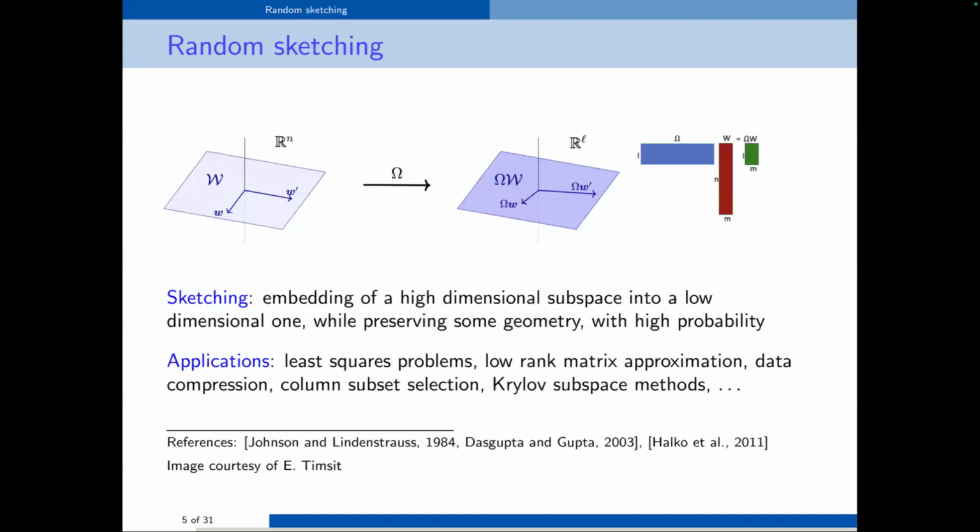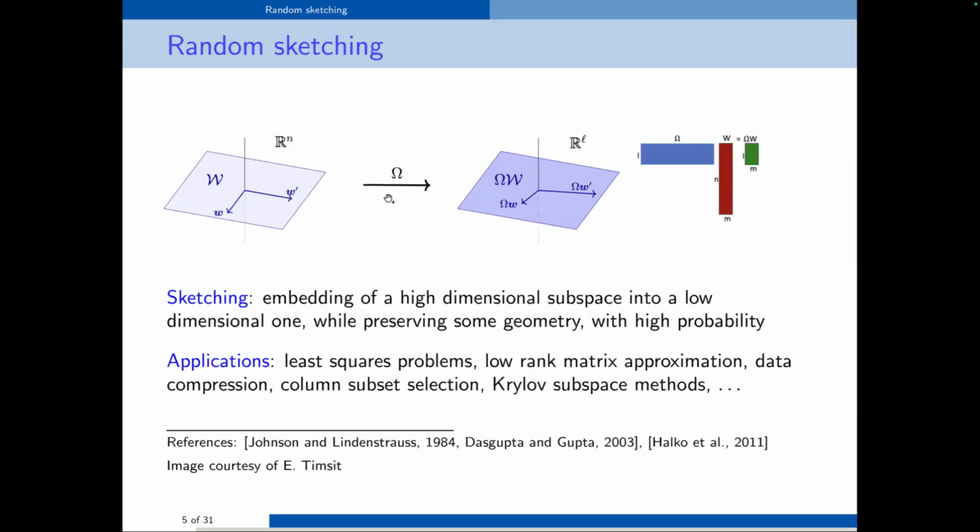So it relies on sketching. It relies on embedding a high-dimensional subspace, here a subspace which lives in R^n, and n is going to be very large, into a lower dimensional subspace, which lives in R^l, and l is going to be much smaller than n, while preserving some geometry with high probability.